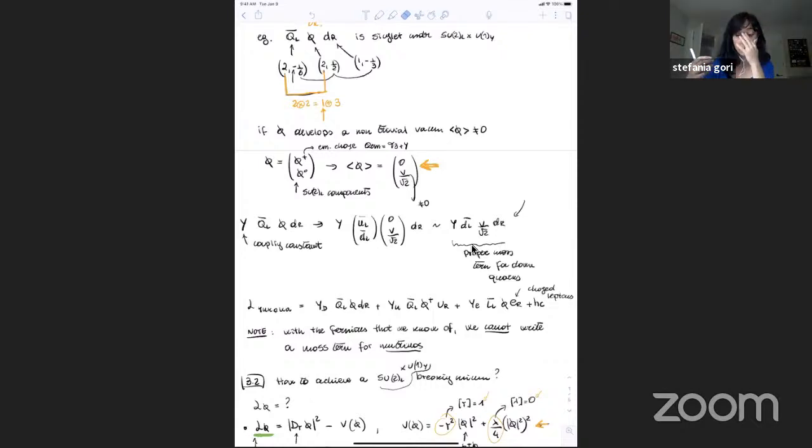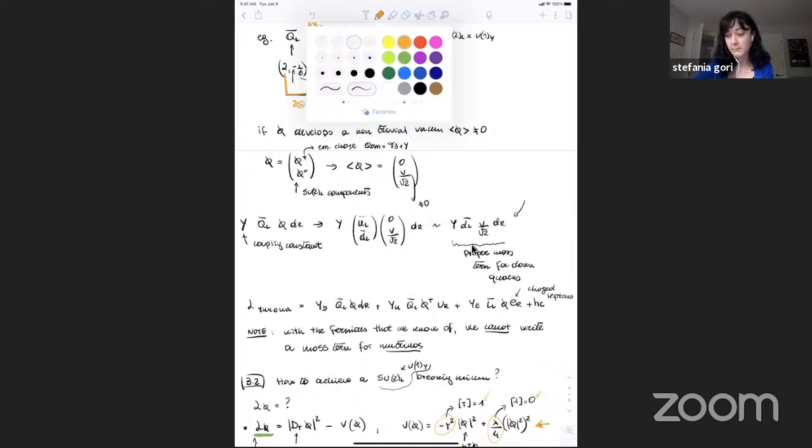Now, if you go beyond the Standard Model, sometimes it's not true. Sometimes you might have vacua that are much more complex. I mean, sometimes you can have vacua that are breaking different types of symmetries, including CP. So one has to be a little bit careful. I don't know the exact model that you're considering, but sometimes the vacuum is not as trivial as in the case of the Standard Model.